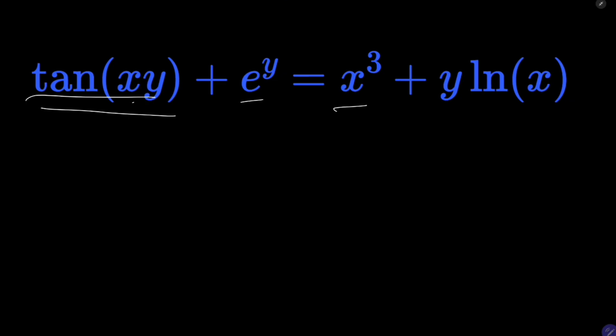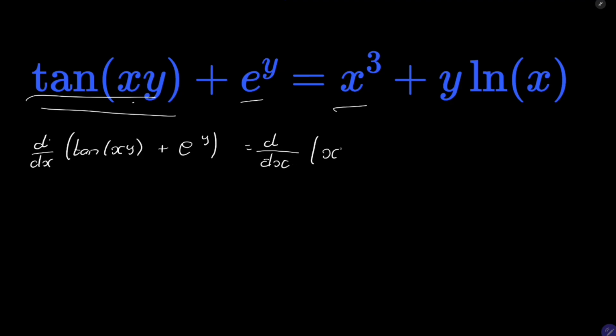The next step is to apply differentiation with respect to x on both sides of the equation. So let's work that out. This leaves us with d/dx of (tan(xy) plus e^y) equals d/dx of (x cubed, sorry, plus y ln x).